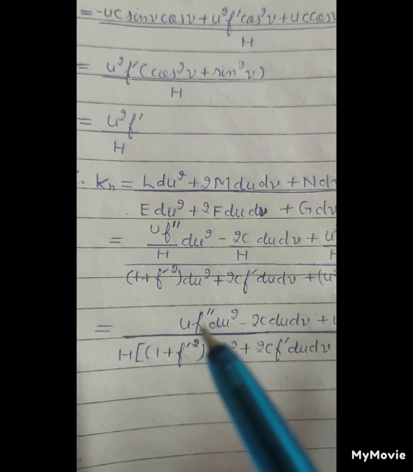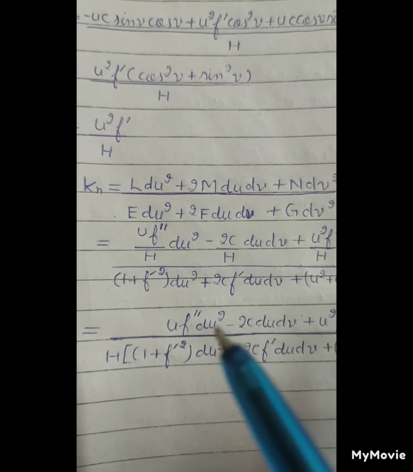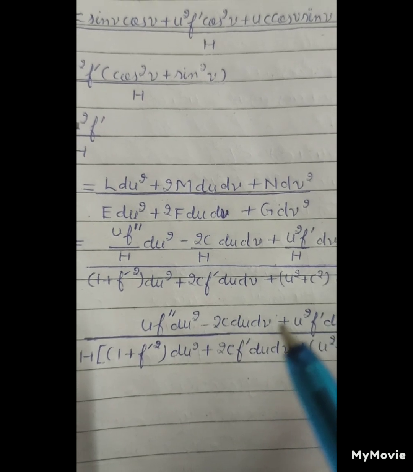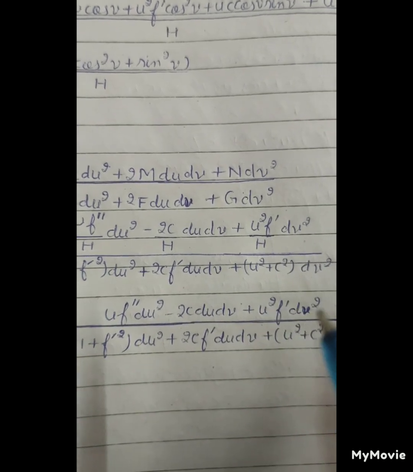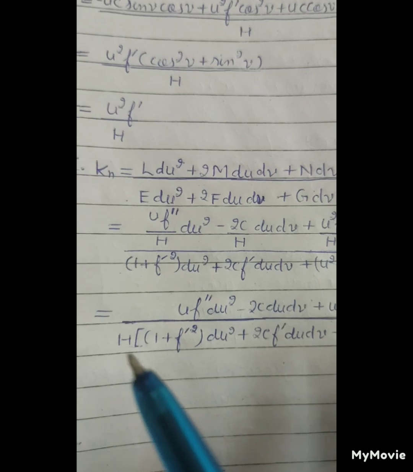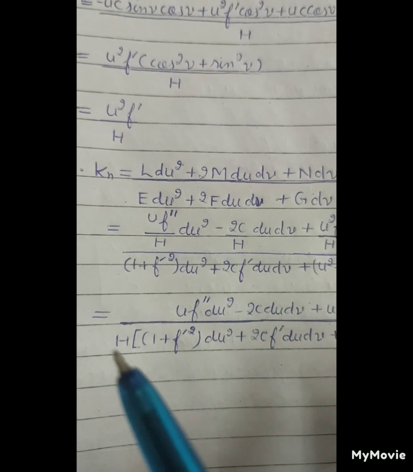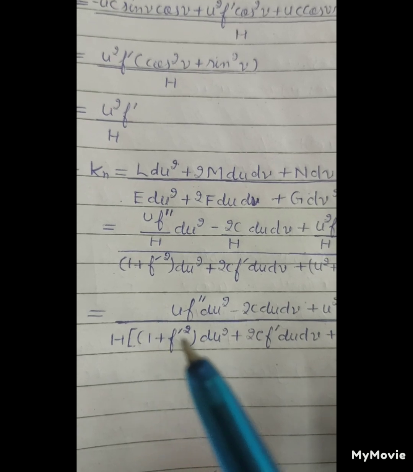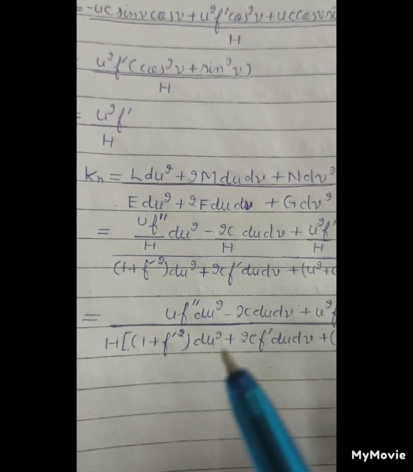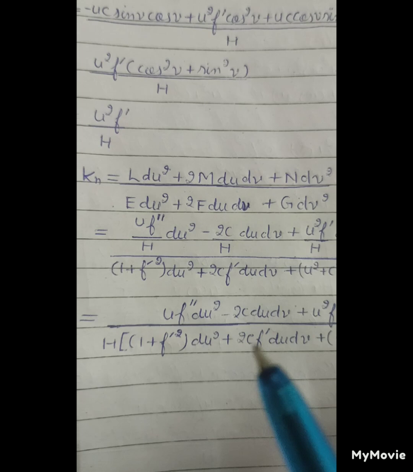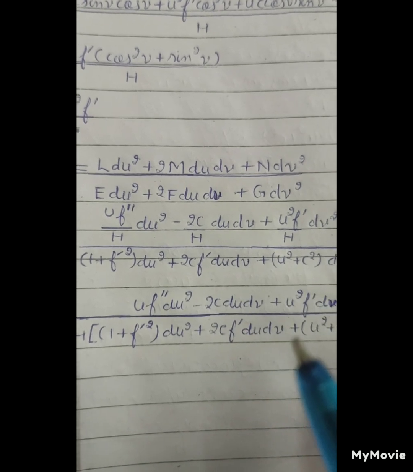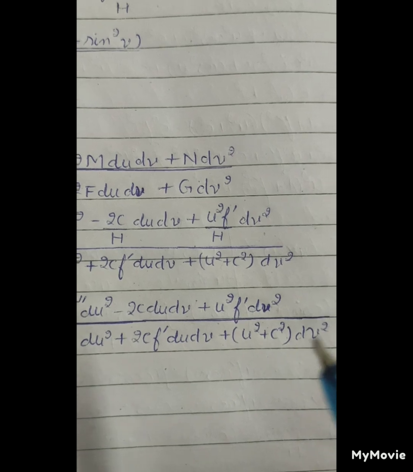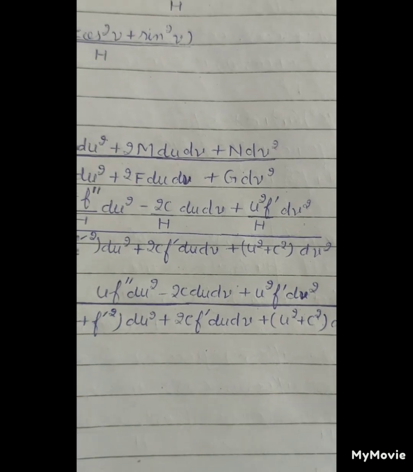So equals u f' f'' du square minus 2c du dv plus u square f' dv square, upon h taken to the denominator, into 1 plus f' square du square plus 2c f' du dv plus u square plus c square into dv square.